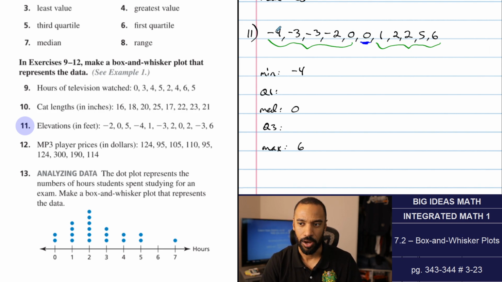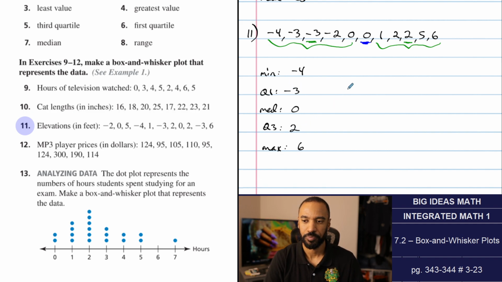So now it's just the lower 5 and the upper 5 with a middle value. The lower 5 has the third term as the true Q1, and counting 11, 10, 9, the ninth term, or the third term within the upper half, has the Q3 value. So our Q1 is -3 and our Q3 is 2.